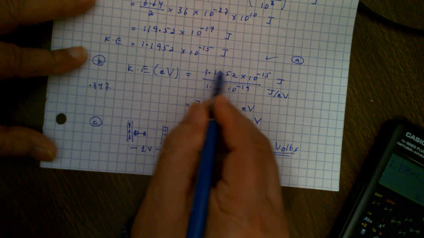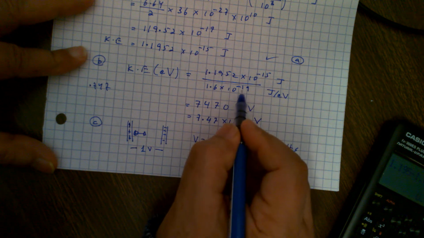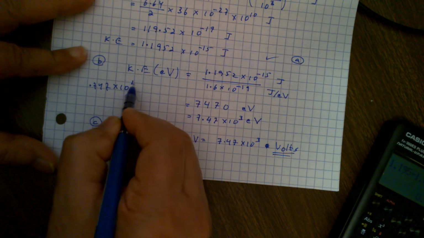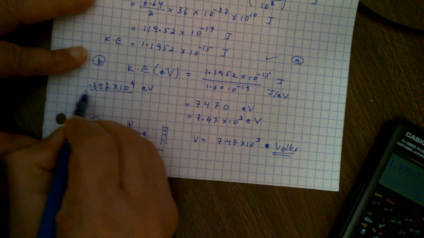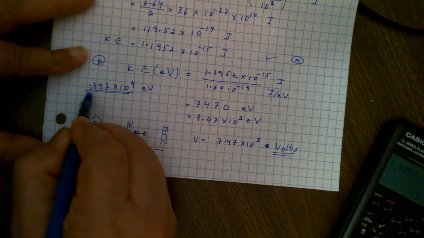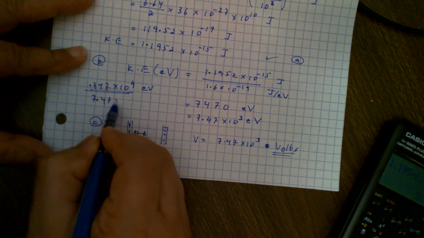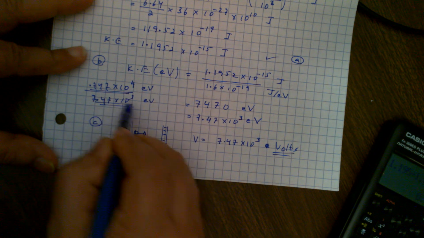That's the first two numbers divided. And this is 10 to the power negative 15, then 19, so I'll get 10 to the power positive 4 in electron volt. If I move the decimal one place, it'll be 7.47 times 10 to the power 3 electron volt, which is the same as this.